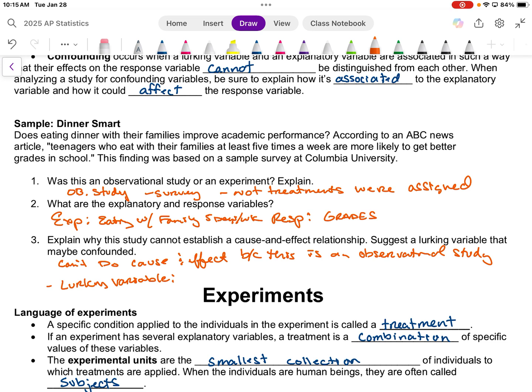Now, if you're eating dinner at home, we're assuming with family members, parents are involved. What are parents typically going to do at the dinner table? Discuss your grades. Yeah, so one of the lurking variables is parent involvement.